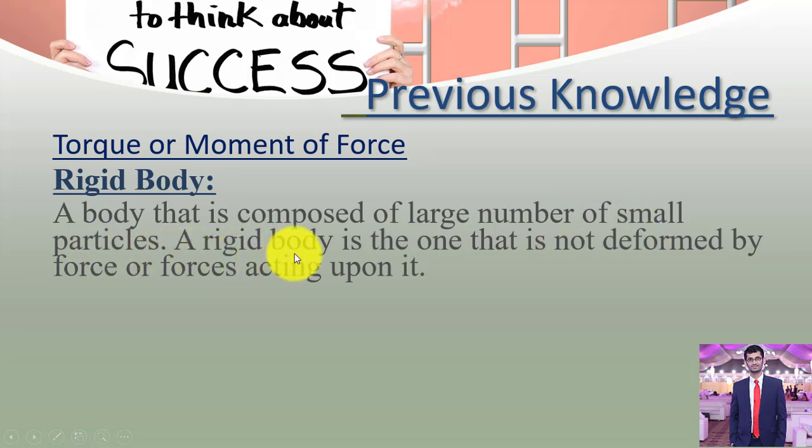A rigid body is the one that is not deformed by force or forces acting upon it. It means that a rigid body will be an object upon which, when force is applied, its shape does not change or it does not get deformed.